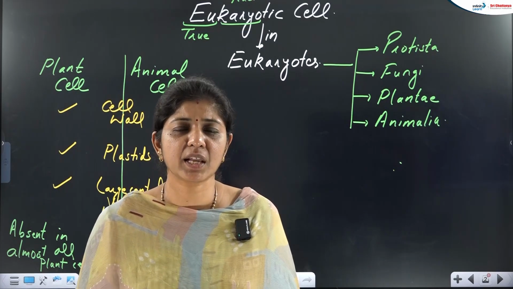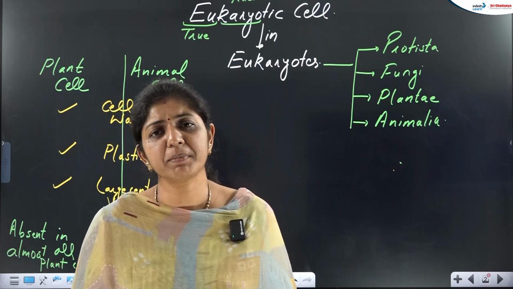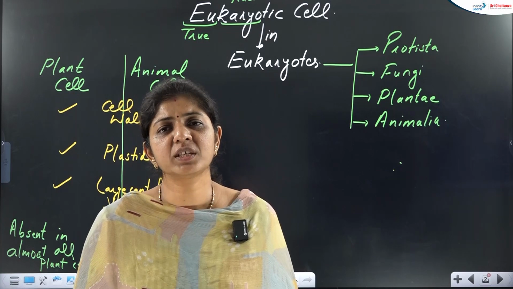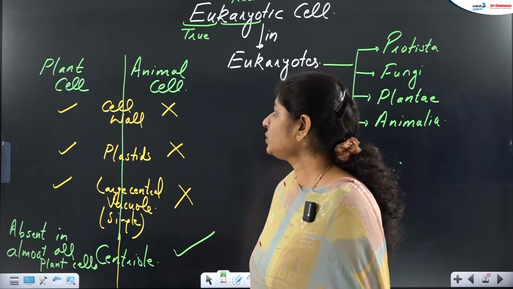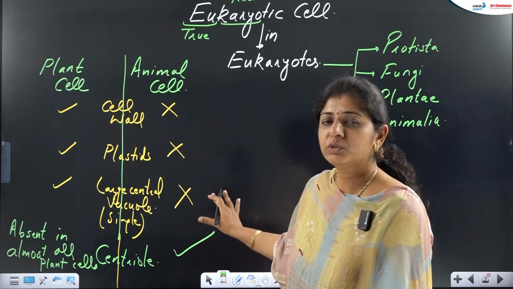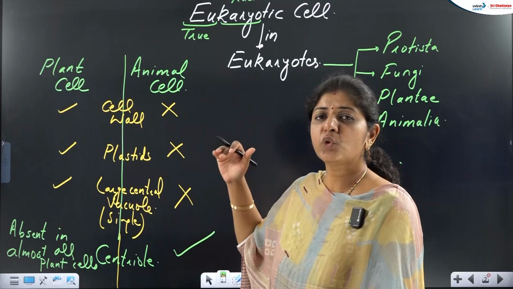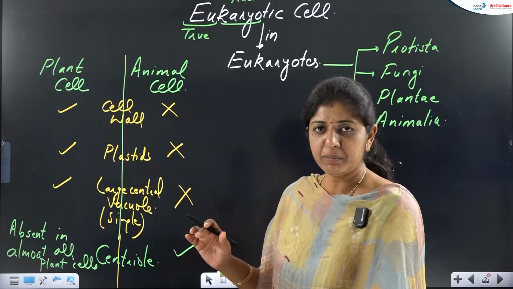But still a difference is there. In prokaryotes it is 70S, in eukaryotes mainly it will be 80S. 70S can be there in eukaryotes in mitochondria and chloroplast, right? So with this small information, we have given the introduction to this eukaryotic cell. I again give the point that this shows compartmentalization, means membrane-bound cell organelles will be there.